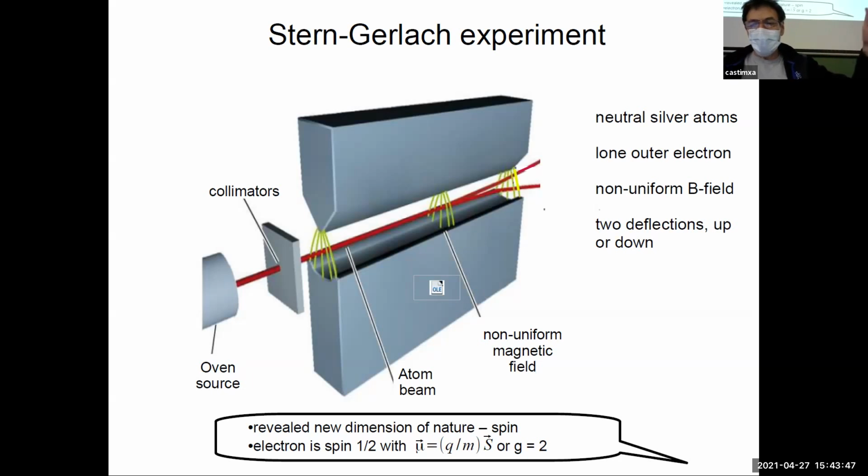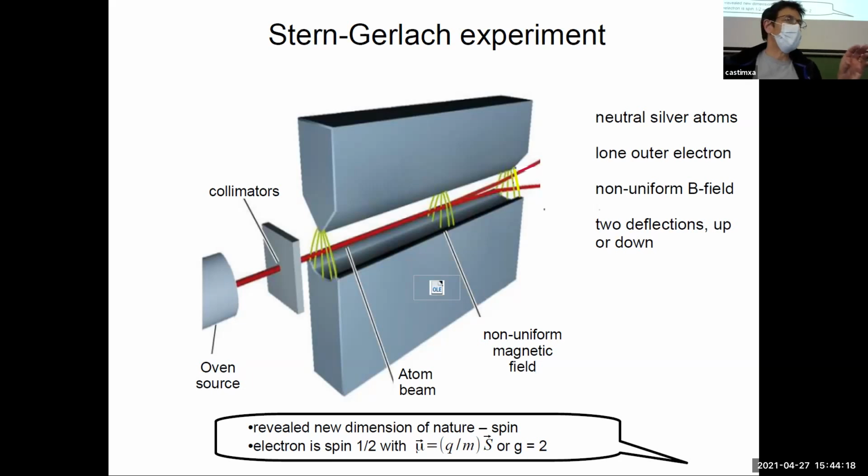They have a magnetic dipole moment. And when they enter this region of non-uniform magnetic field, there was an equation for the force on the magnetic dipole. So there is a force on the magnetic dipole, and you would expect, depending on the orientation of the dipole, the silver atoms to be dispersed by the different magnetic forces on the differently oriented magnetic dipoles.